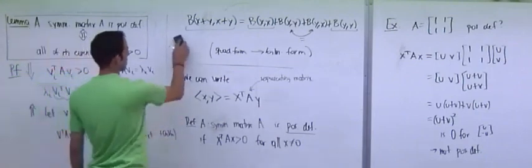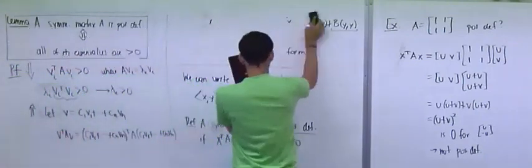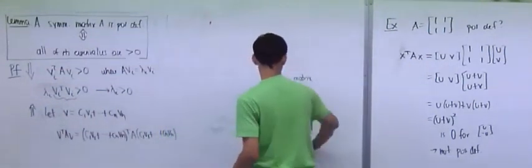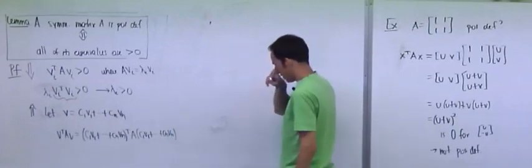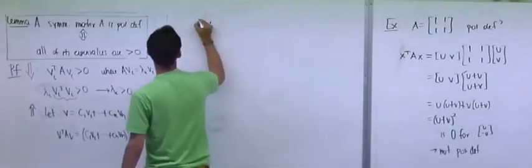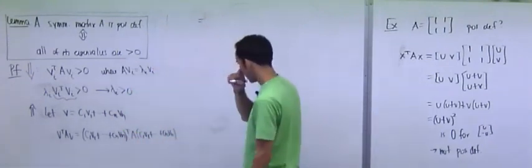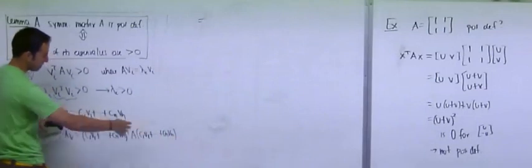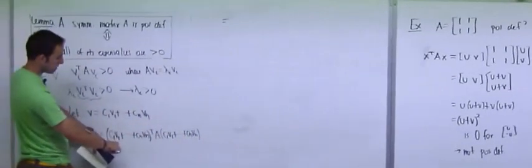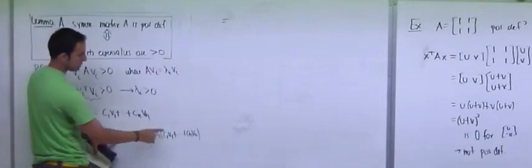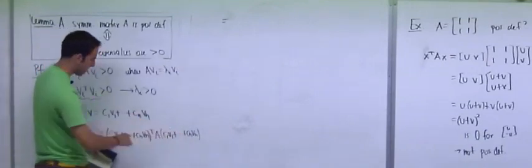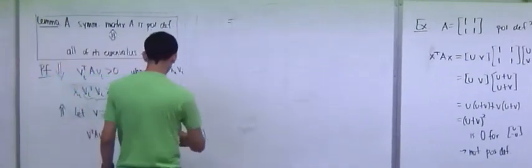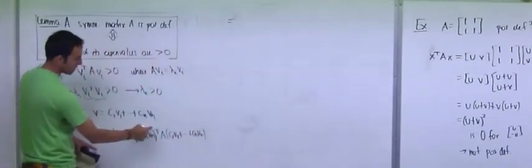Okay, and let's figure out what this is. Basically, I'm going to get two kinds of terms. When I multiply this out, I'm going to get some terms where it's Vi transpose Vj, and some terms where I get Vi transpose Vi. These are the two kinds of things that I'm going to get. So for example, what do I get with Vi transpose Vi?